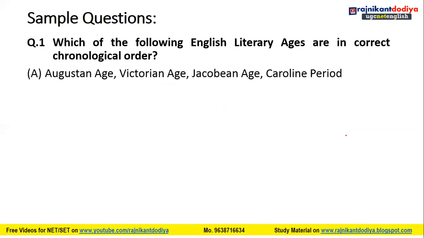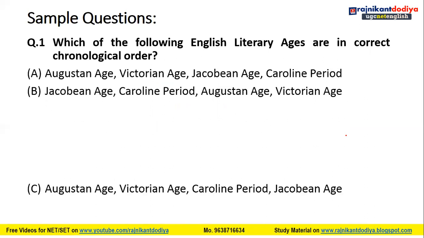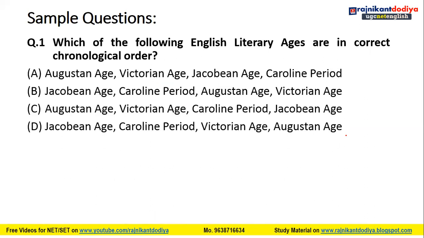So first of all, the first question: which of the following English literary ages are in correct chronological order? Here we have four options: Augustan age, Victorian age, Jacobean age, and Caroline age. Four ages are mentioned in four different options. We have to find out the correct chronological order, which was the first one. Okay, so try it out if you can.